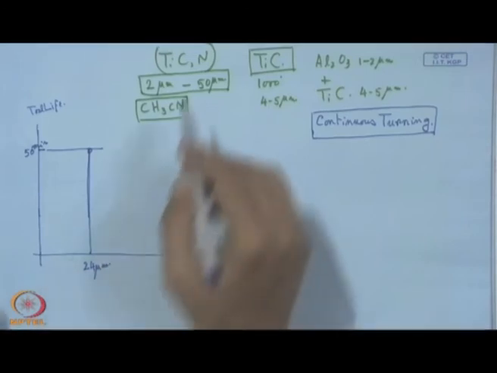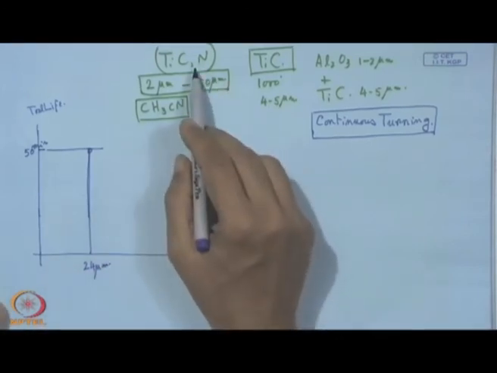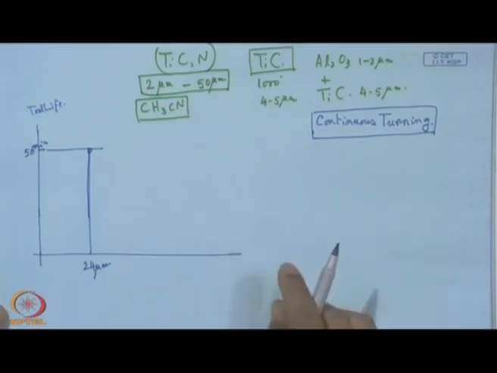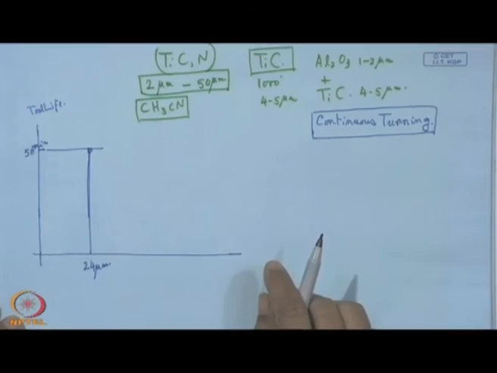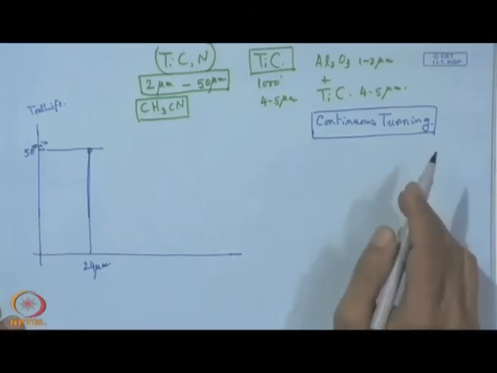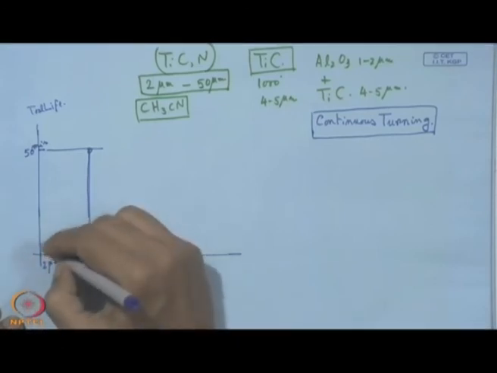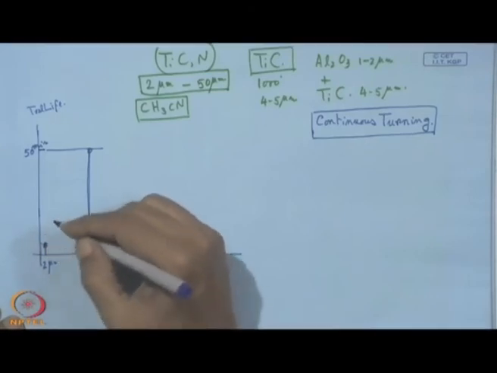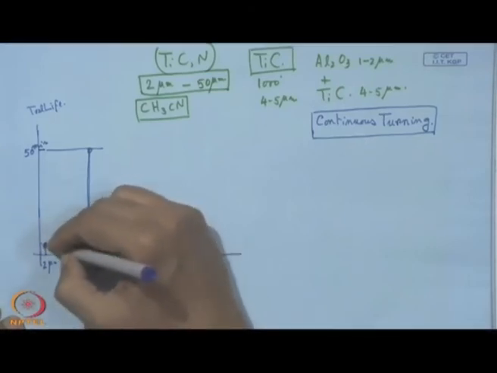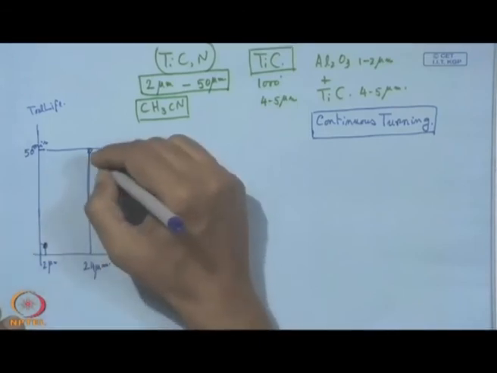A coating of TiCN, which is a product of this moderate temperature CVD, if it has a thickness of 24 micron, then it can give a life of 50 minutes in continuous turning. Now, if we have a coating of just 2 micron, this life will be very low, even less than 10 minutes. So, these are the two things.